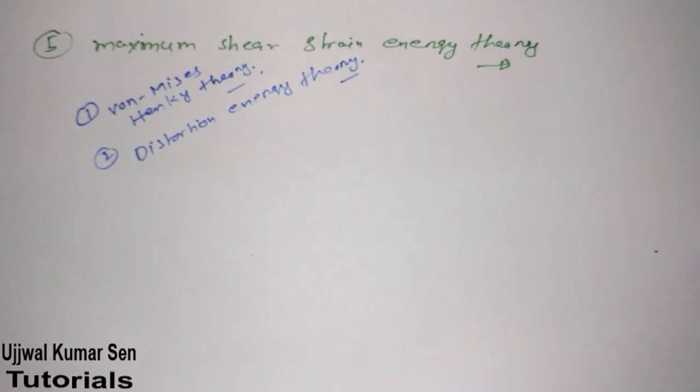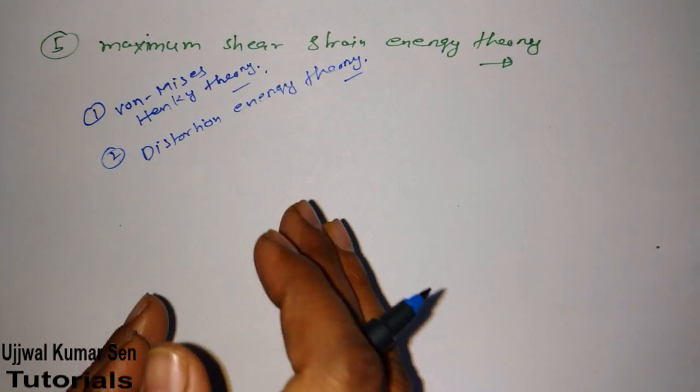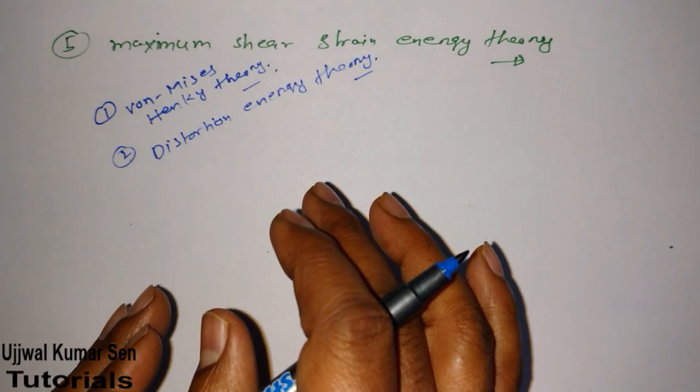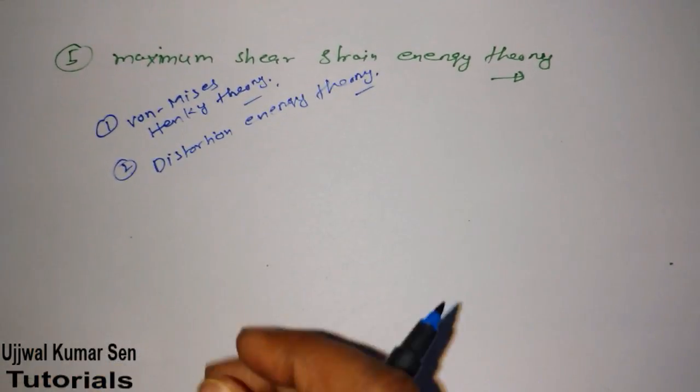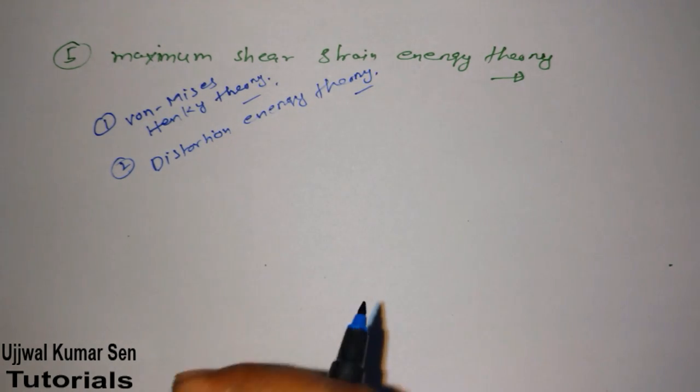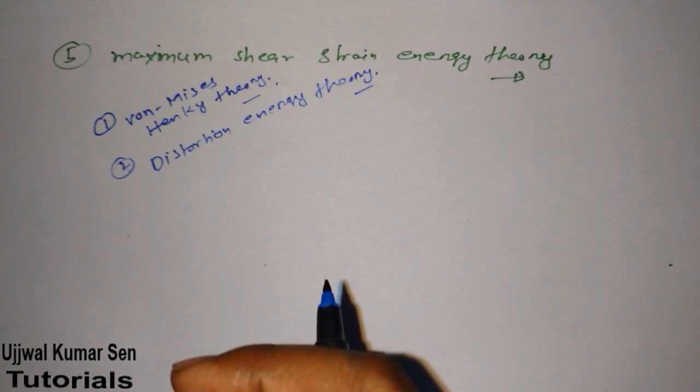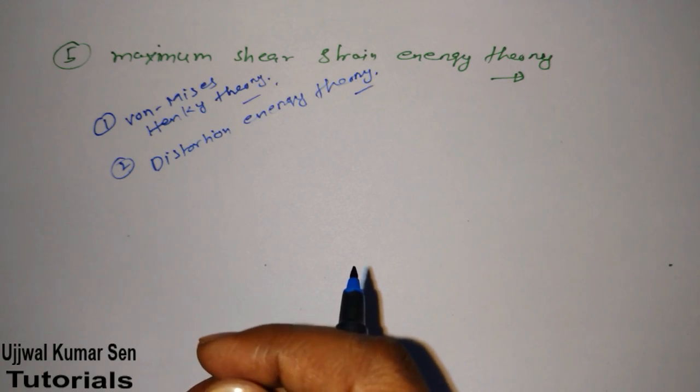Alright, I have already shared with you a question which came in GATE, but definitely I will try to share that question in this video tutorial, so it will be easier for you to understand how you can solve questions related to theories of failure.